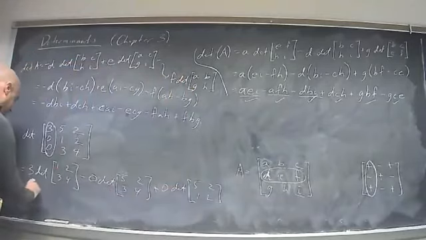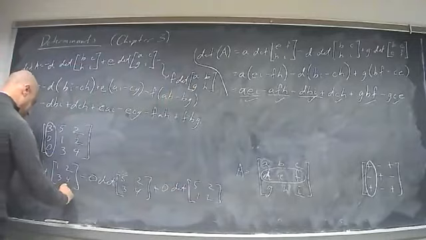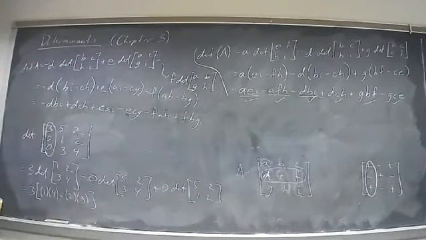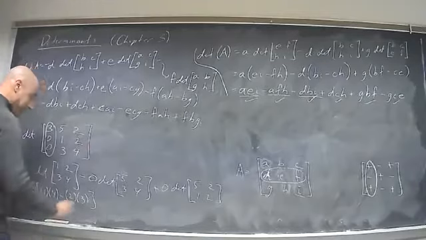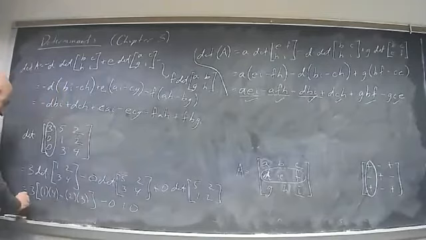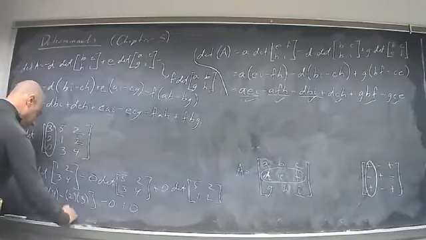So this is just going to be 3 times the determinant of this, 1 times 4, minus 2 times 3, minus 0 plus 0. And so this is equal to 3 times (1 times 4 minus 2 times 3), 3 times negative 2, which is negative 6.